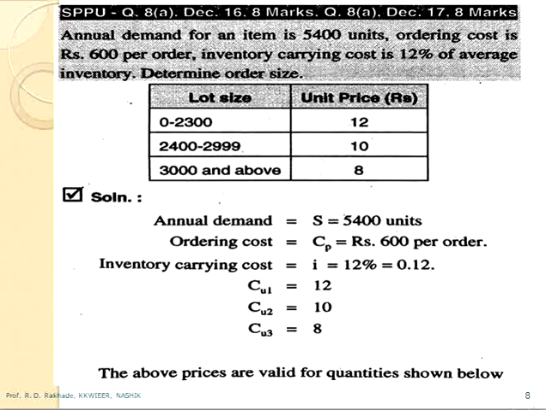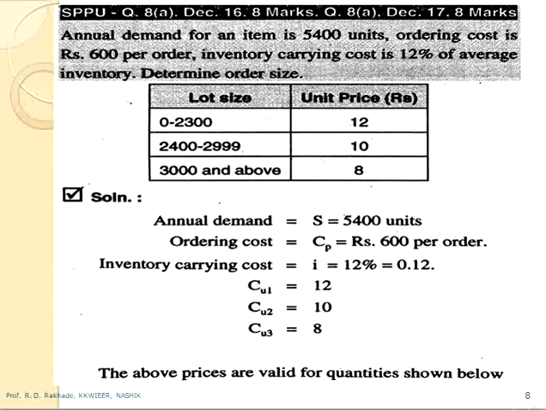This question was asked in SPPU, that is Pune University, in December 16 for 8 marks, then December 17 for 8 marks. According to the problem statement, annual demand for an atom is 5400 unit, that is annual demand S is 5400 unit.